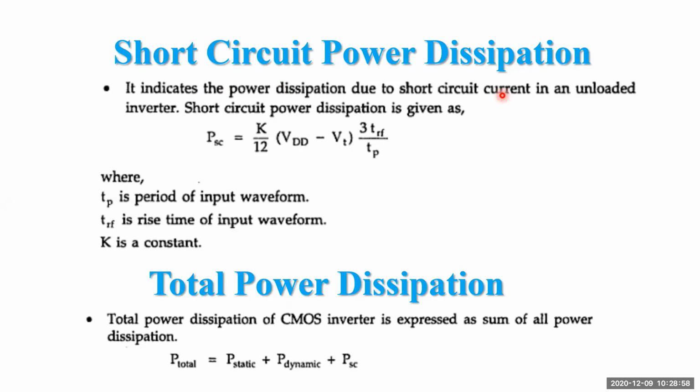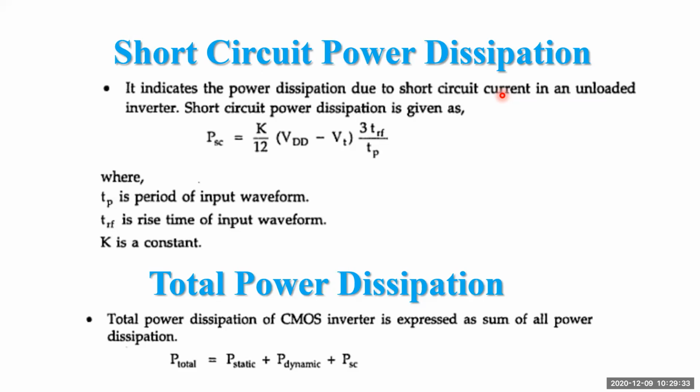With respect to an inverter, both the PMOS and NMOS will be on, which means a channel is formed between the terminals of PMOS and NMOS. If you imagine that structure, right from VDD to ground, a complete channel is formed. A path has been created.